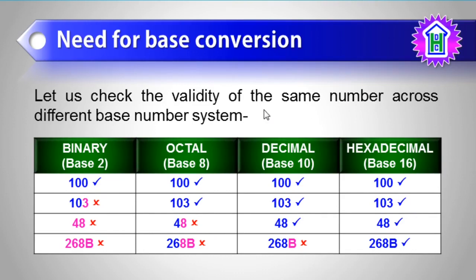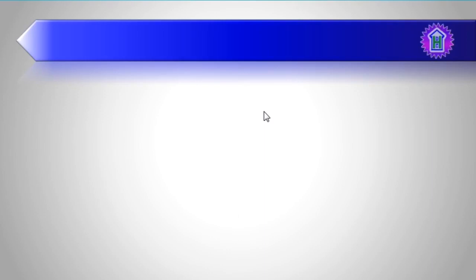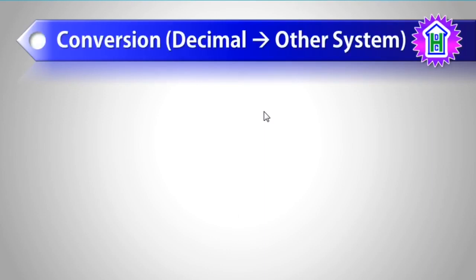So this is the reason why we should learn to change the base of a number from one number system to another. So let us start with conversion of a number which is in decimal system to other systems.